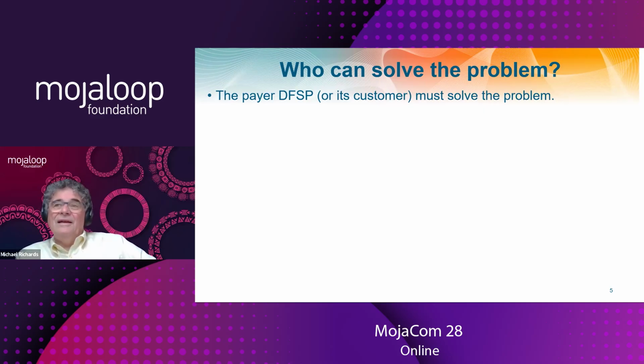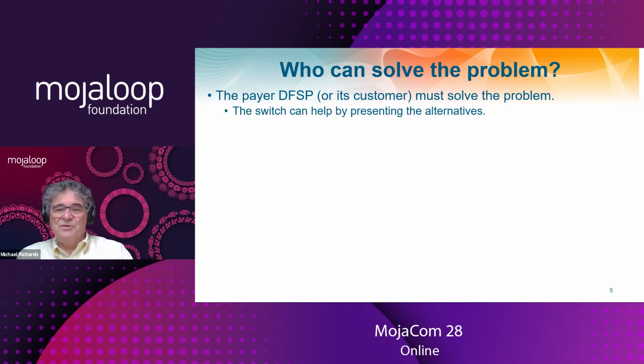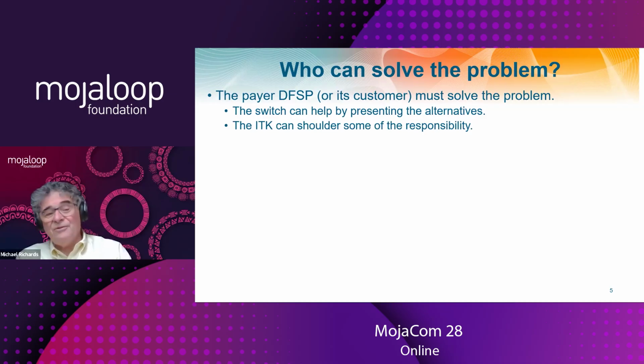So essentially, it's going to be the payer DFSP who solves the problem, I think. But the switch, the Mojaloop switch, I think, can help by presenting alternatives. And the integration toolkit, or similar, i.e. something which is produced by Mojaloop but sits at the customer, can also bear some of the responsibility.